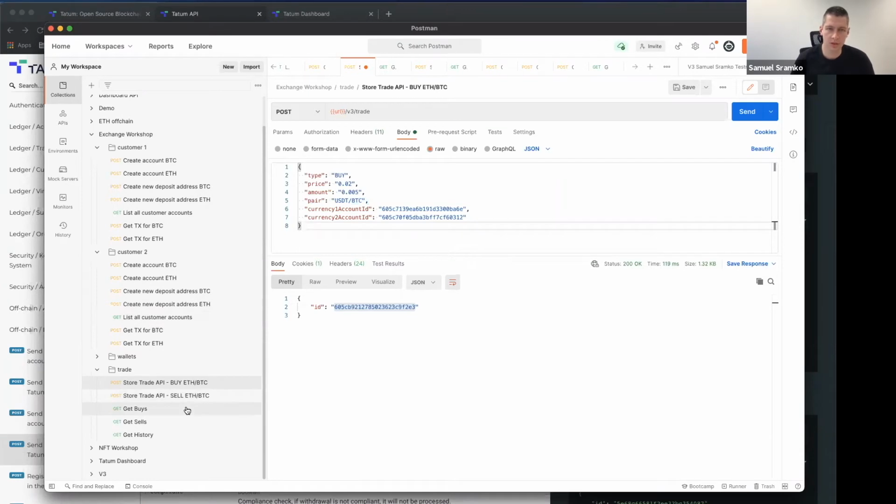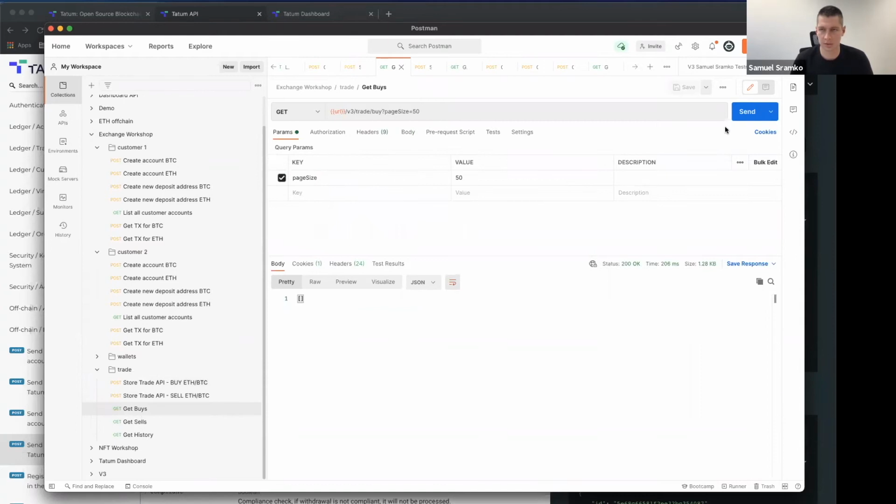So, okay, we have an open buy, we have an open sell, and those got filled automatically. But what will happen when we again open a buy trade, for example, for 0.005, exactly the same one? We can see that there's a new open buy trade.